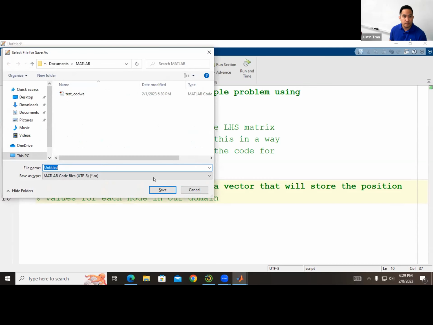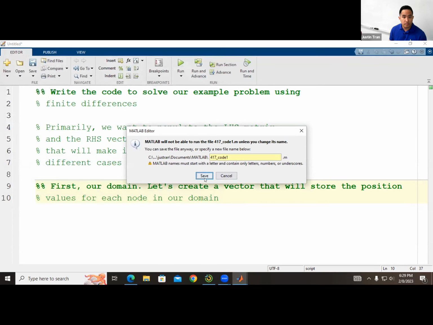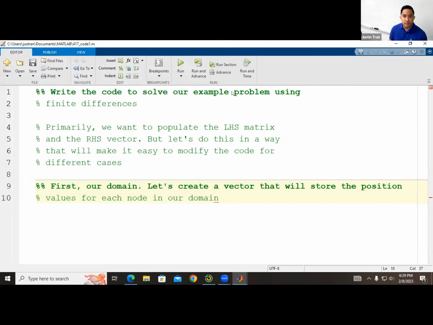Okay. And so if I draw the domain again, okay. Remember the way that we did this domain is we had 6 nodes, right?